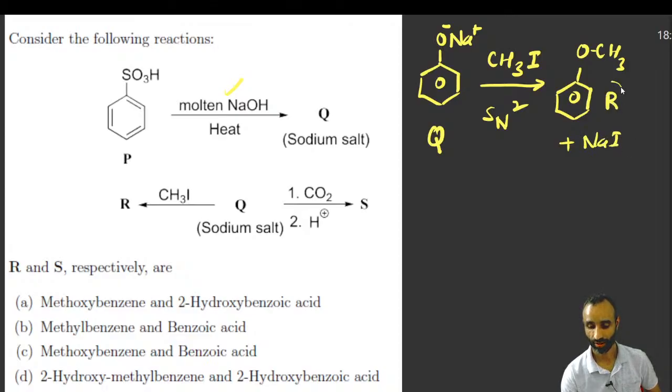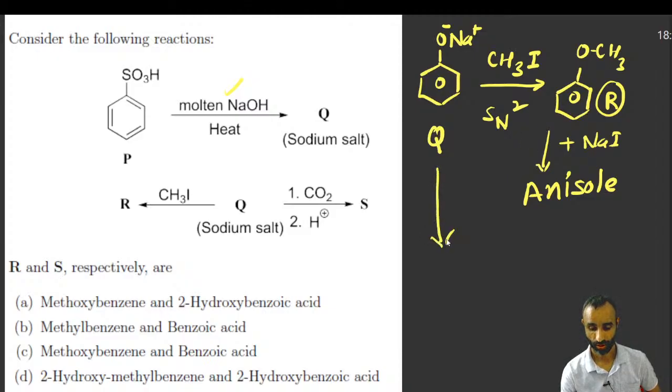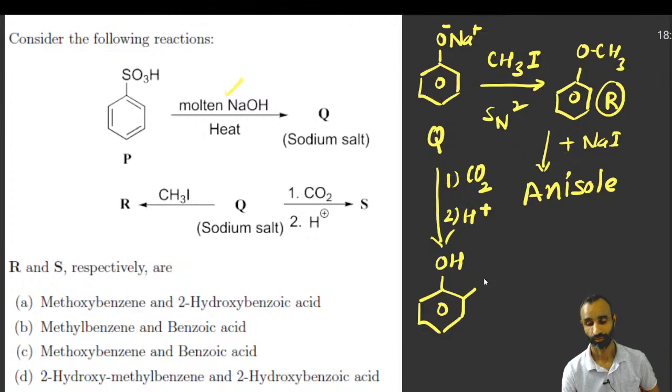So this is our methoxybenzene. What is the common name of methoxybenzene? This is anisole. Now, the same sodium salt is treated with CO2 and H plus. What is the name of the reaction? Yes, it is Kolbe's synthesis.